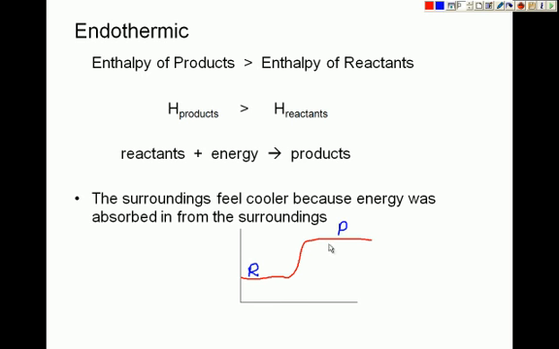And this is going to be your change in enthalpy. So reactants and products. And therefore, for an endothermic reaction, our change in enthalpy is going to be a positive number.